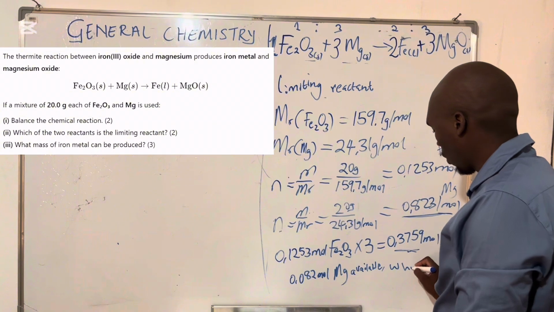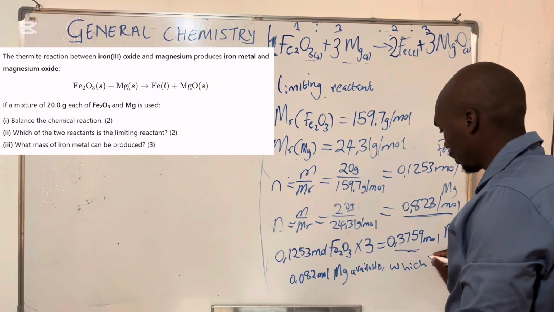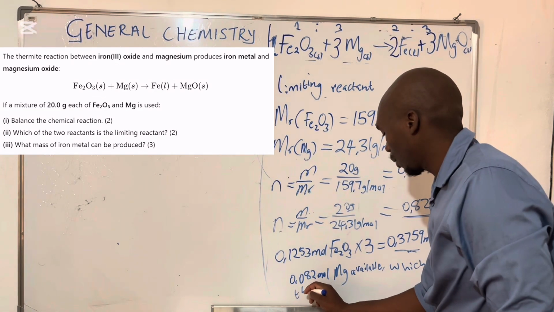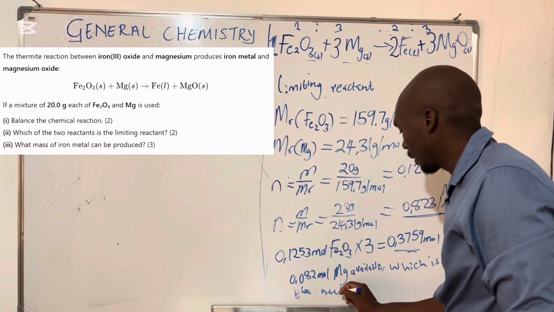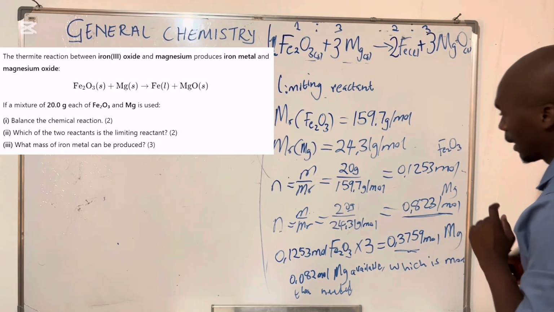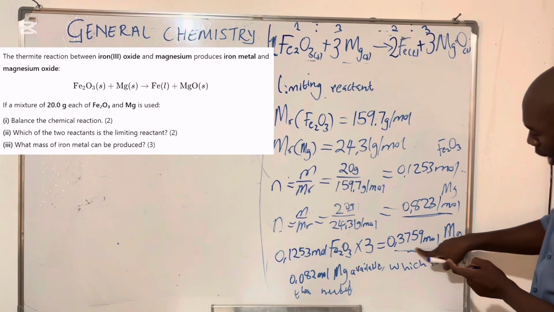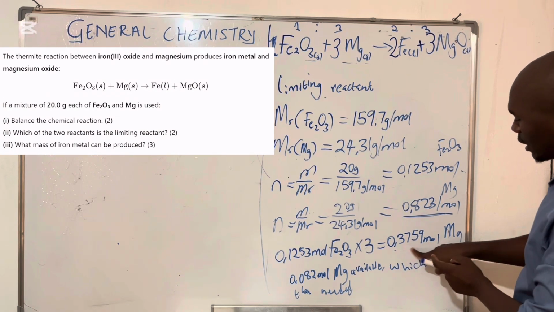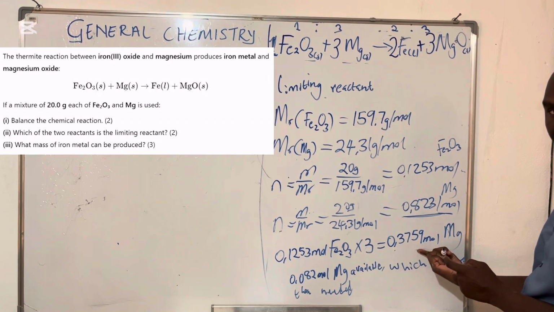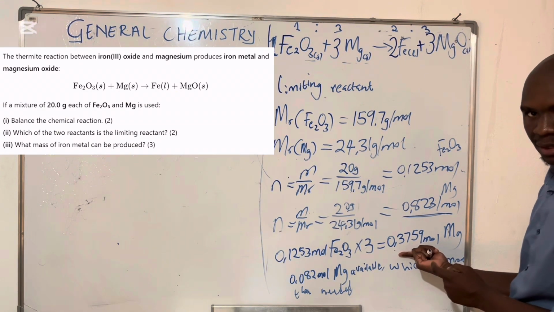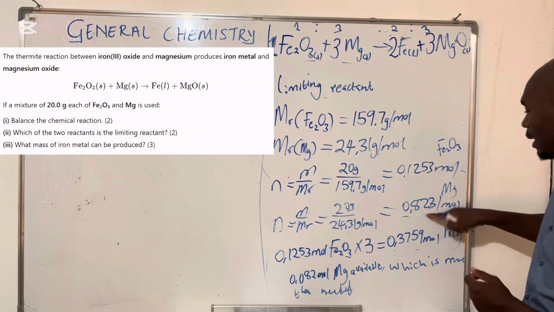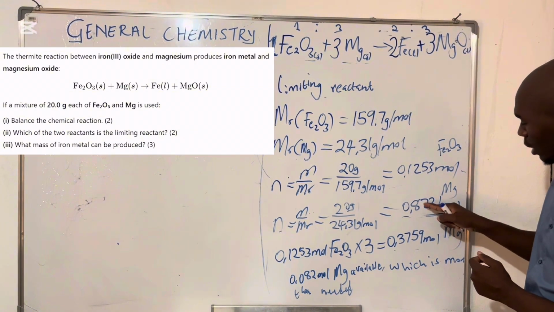Which is more than needed, right? Look at this carefully. What is required in this reaction for Mg was supposed to be 0,378. This is what was required. However, Mg, if we check it from here, it has more because this one is more.